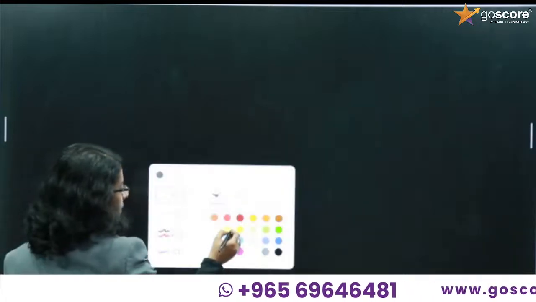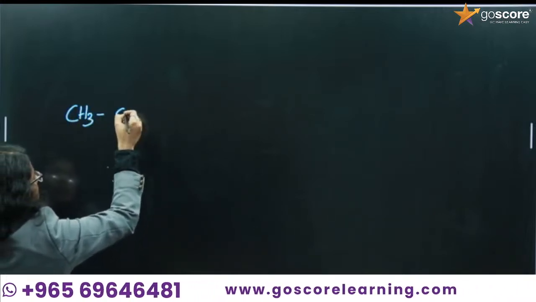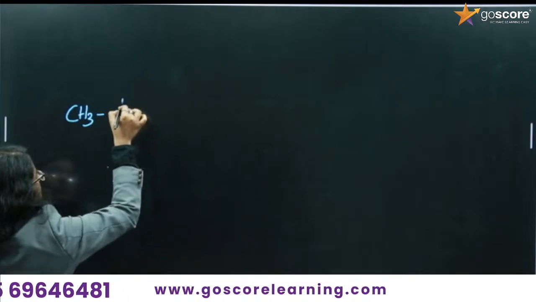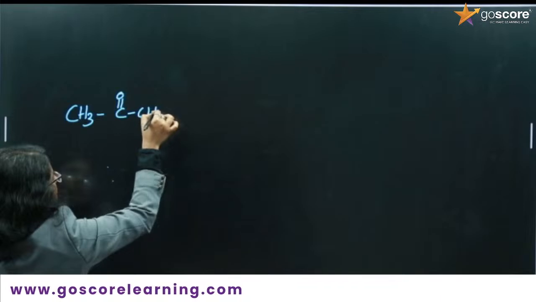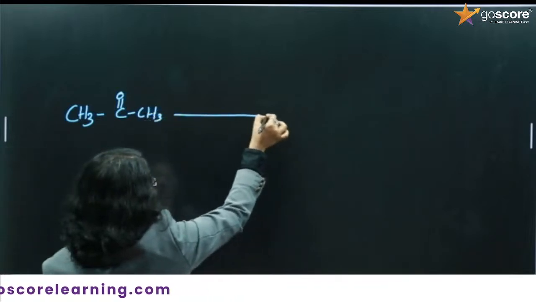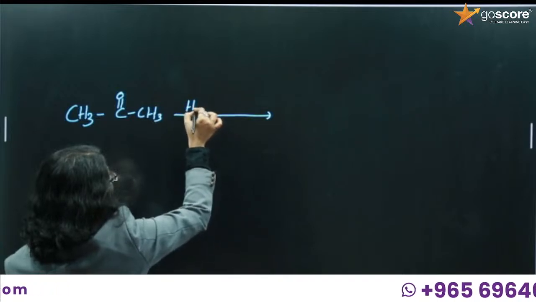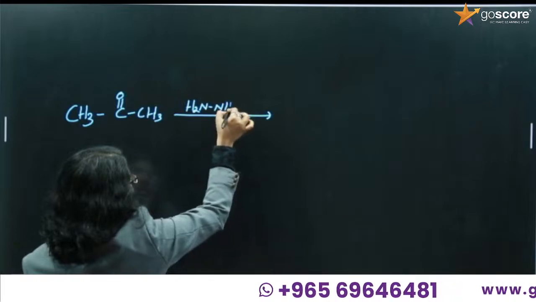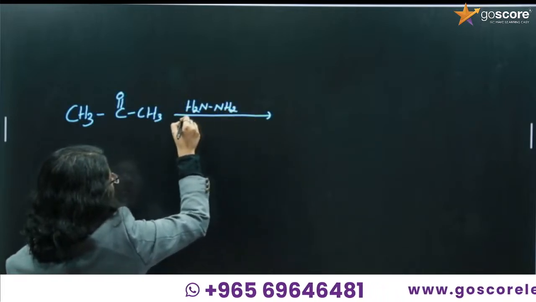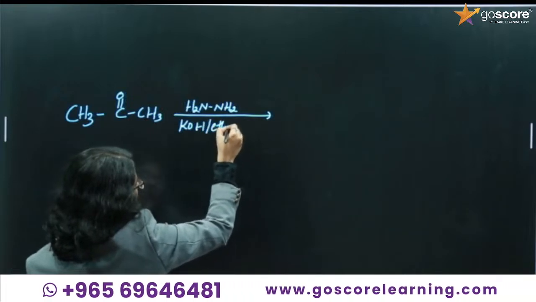So tell me the product of this compound: CH3, C double bond O, CH3, on reacting with hydrazine, then KOH in ethylene glycol.